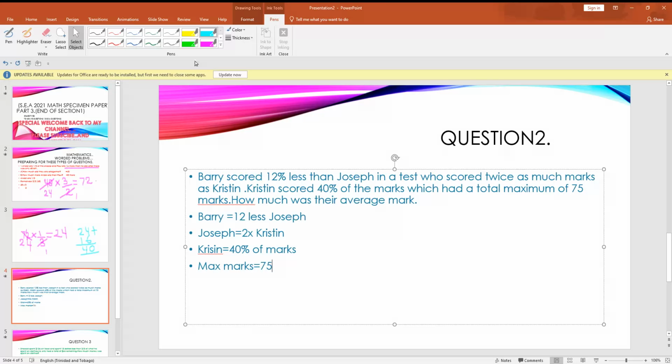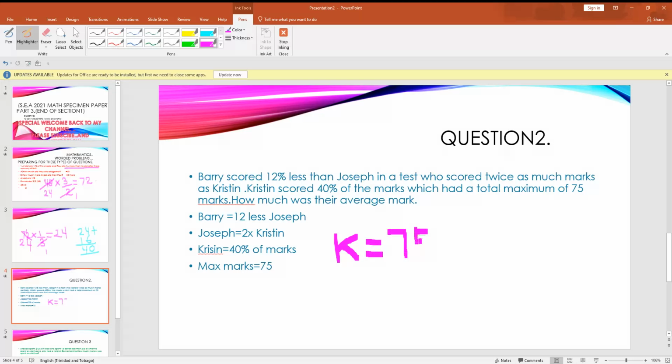First, we want to find for Kristen. So K for Kristen is equal to 75, but she scored 40%. 40% as a fraction is equal to 2/5. So the answer here is going to be 5 into 75 is 15, multiplied by 2 is 30.